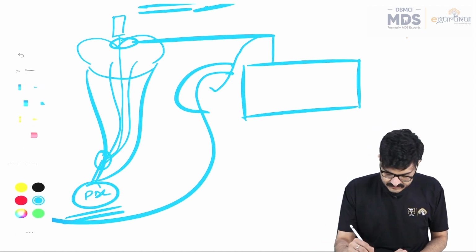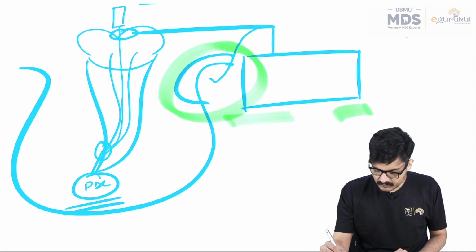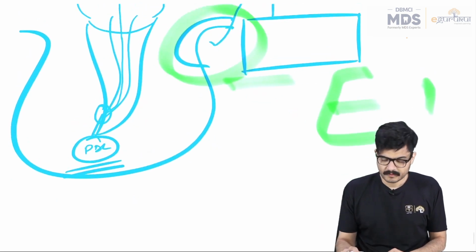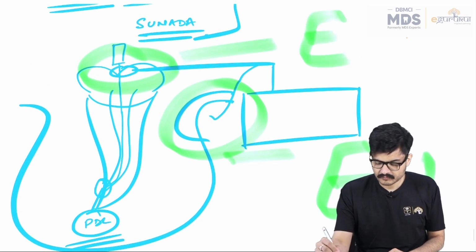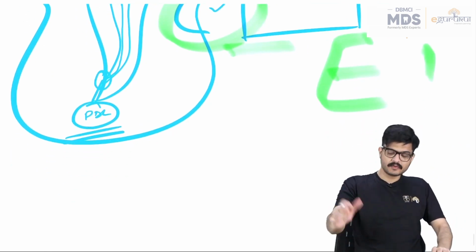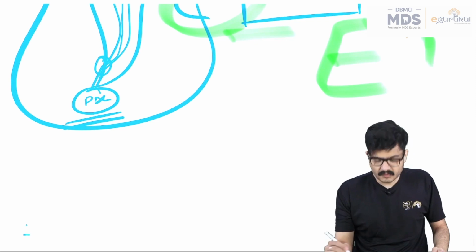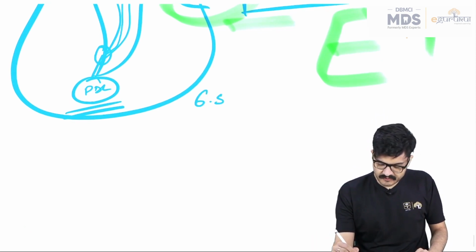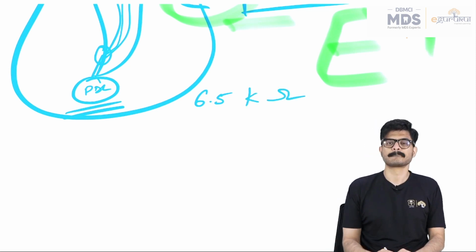I'll just highlight this for clarity. So this is electrode 1, in contact with the buccal mucosa. That's my electrode 2, which is in contact with the file. The electric circuit that is generated will have a static value of electrical resistance that is 6.5 kilo ohm, right?